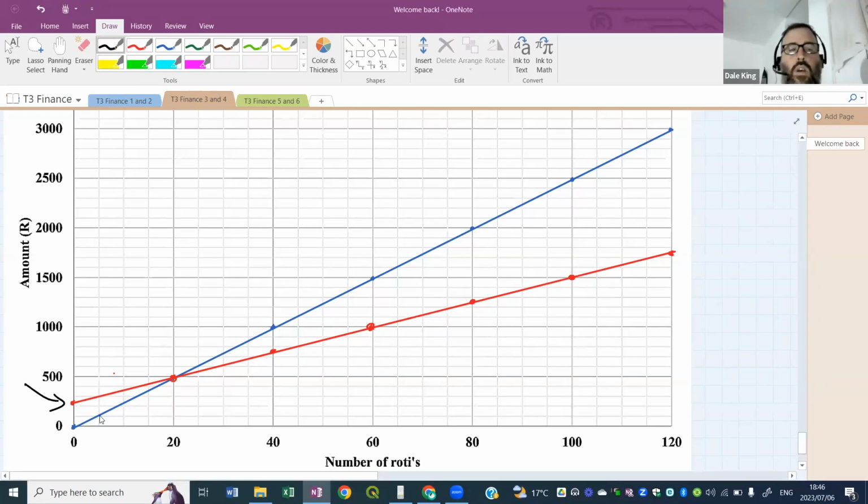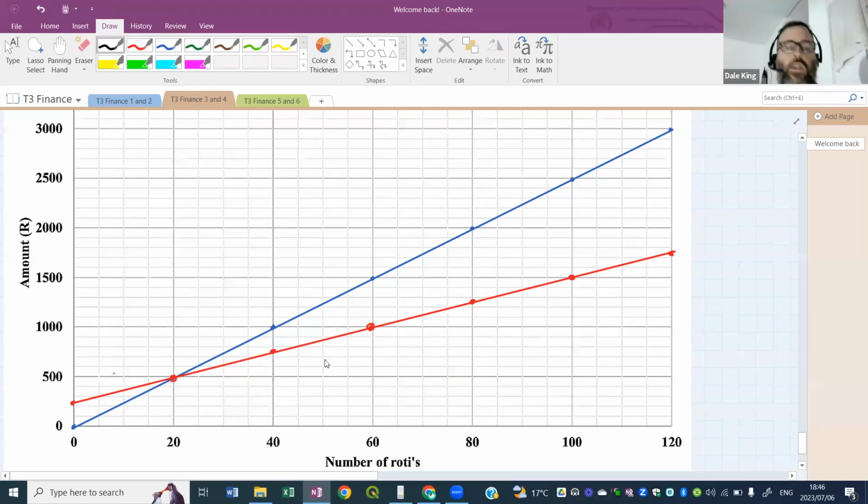If they didn't give you information in the question, and they said to you, how much are this person's fixed expenses in their company? If they gave you these graphs and said, look at these graphs for a company, we've got income versus expenses. How much is the company's fixed expenses? You could look down here at where the expense line starts. That value, when you're making or producing no rotis, but you still have expenses, the value of those expenses are your fixed expenses. Okay, very good, Emmanuel. Good answer. Full marks for that answer.